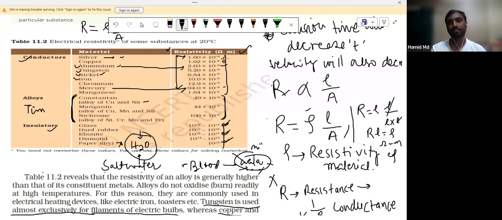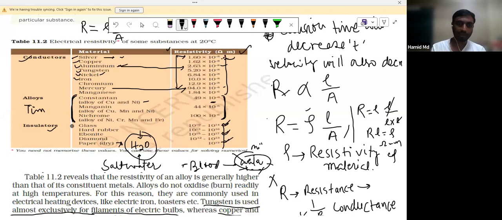It is very less, but when we come to an alloy like tungsten, it is 10 to the power minus 6. So which one is more, 10 to the power minus 8 or 10 to the power minus 6? 10 to the power minus 6. That's why silver, copper, aluminum are frequently used in our home appliances, right? Yes, sir. These alloys have more than that.